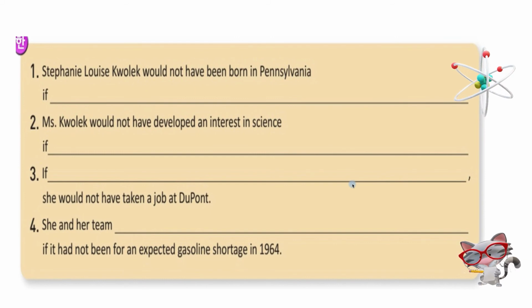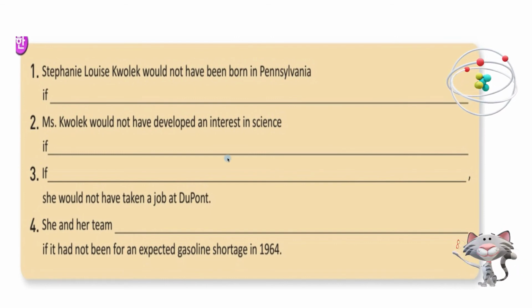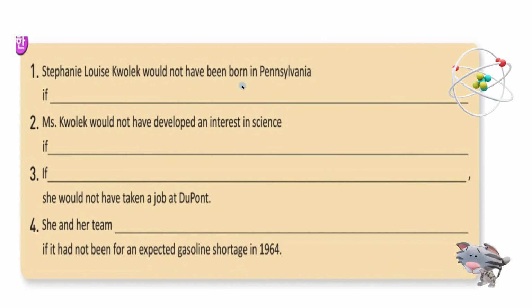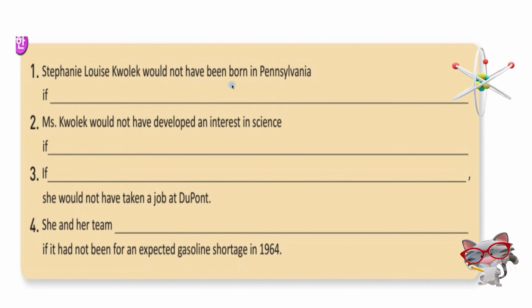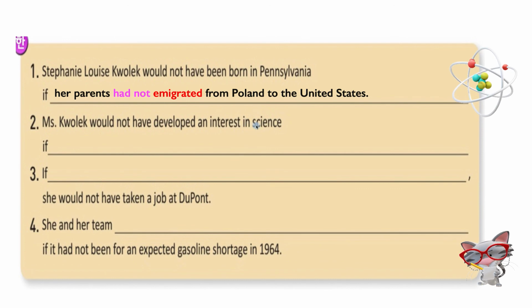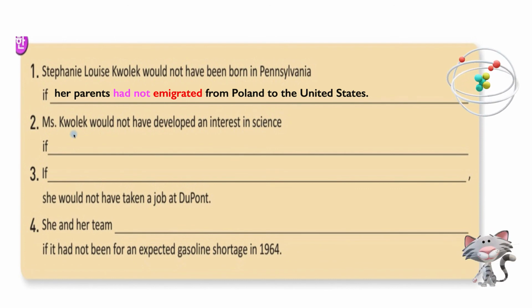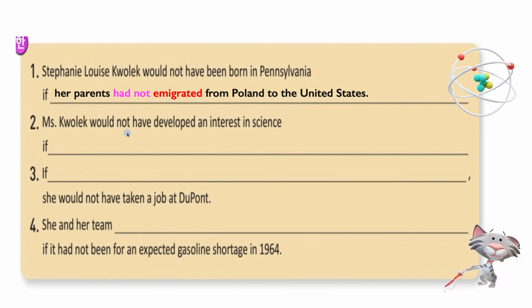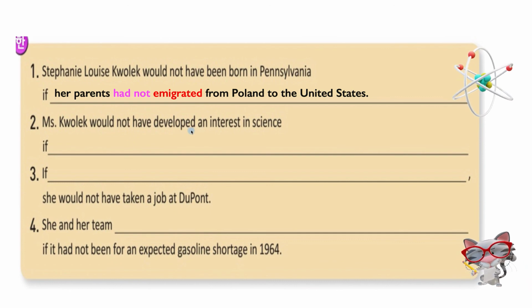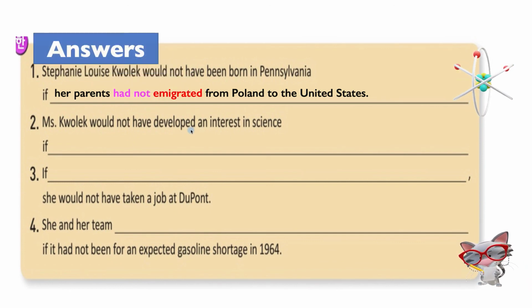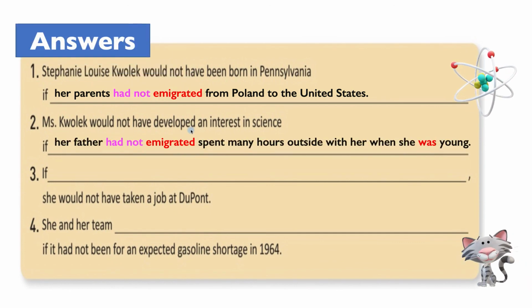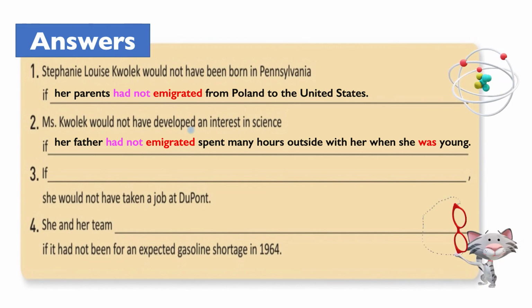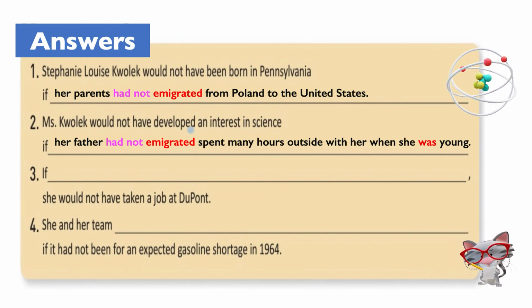Stephanie Louise Kwolek would not have been born in Pennsylvania if her parents had not emigrated from Poland to the United States. Ms. Kwolek would not have developed an interest in science if her father had not spent many hours outside with her when she was young.